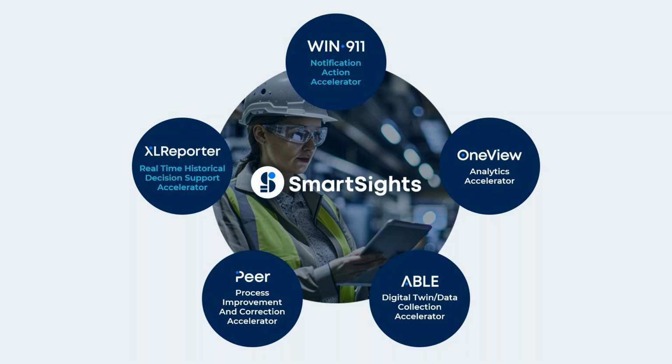But under the hood, what we've done is build this on a flexible platform that will allow us to include functionality from our other offerings going forward. So who knows, at some point in the future, we may see some functionality from our issue management solution come into this SmartSights mobile app, for example.